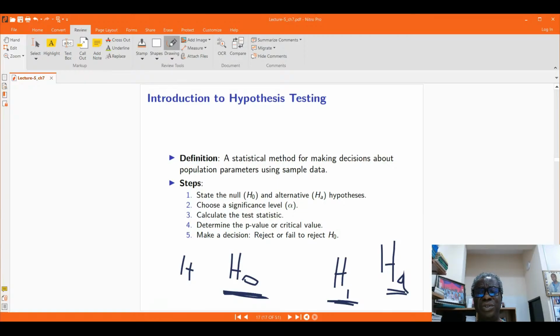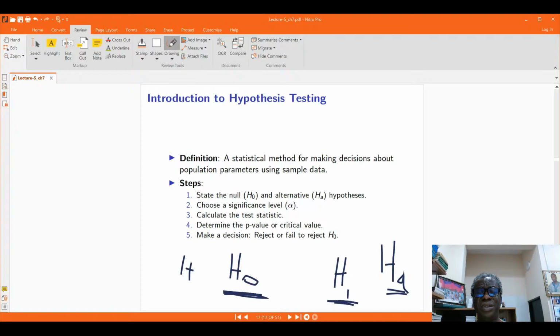It's either you determine the p-value and take your decision, or you determine the critical value and use it to take your decision. The two are basically tools for arriving at a decision.